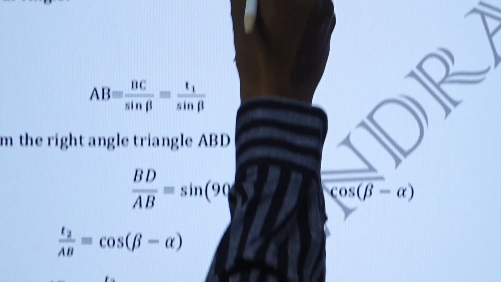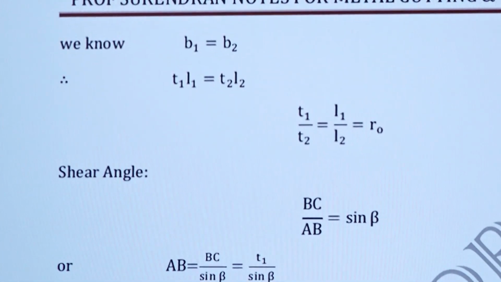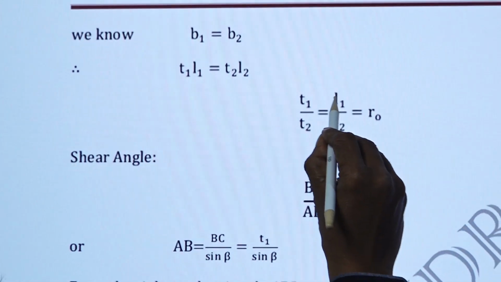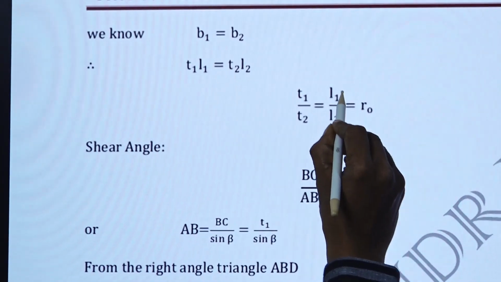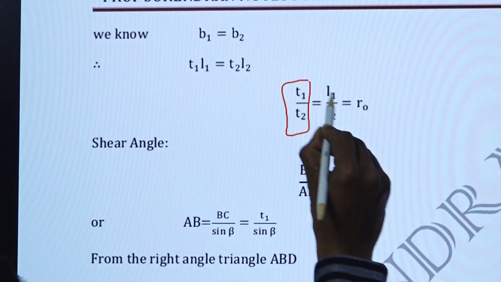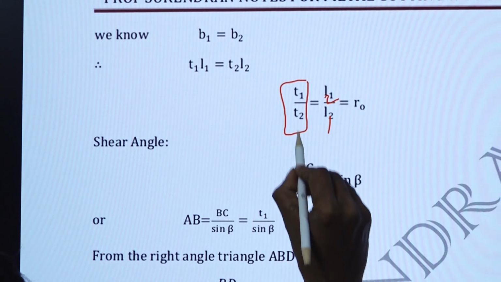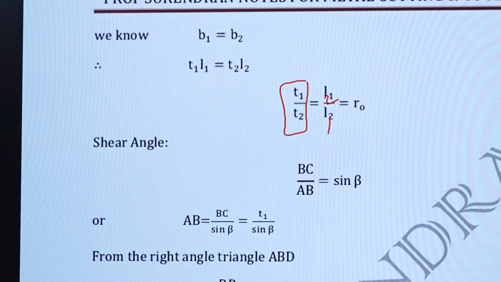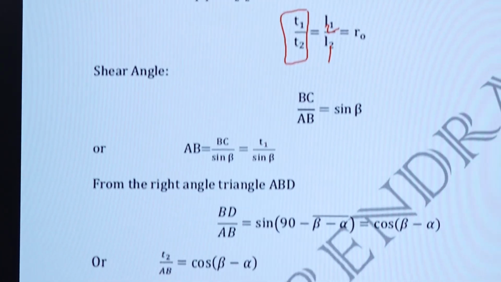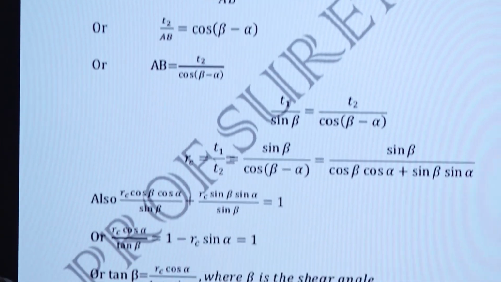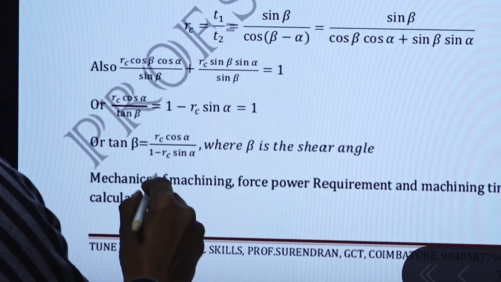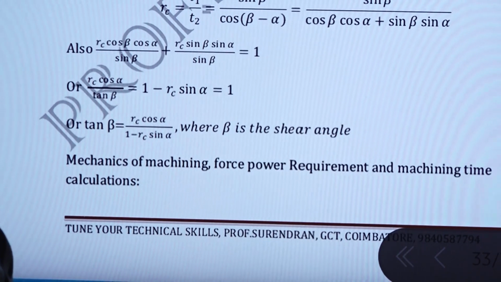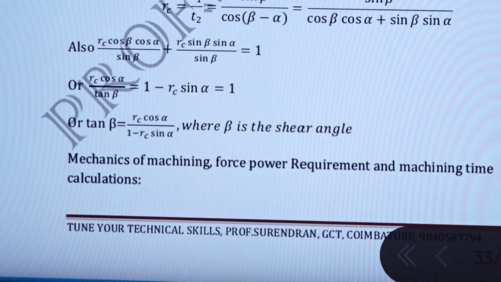So t1 by t2 equal to L2 by L1, it is inverse. So we can get the formula tan phi equal to r cos alpha divided by 1 minus r sin alpha.